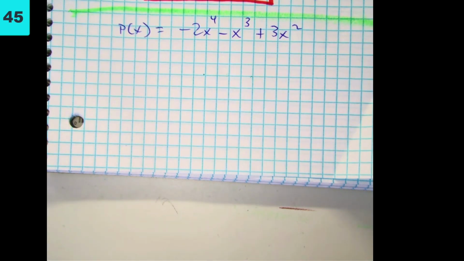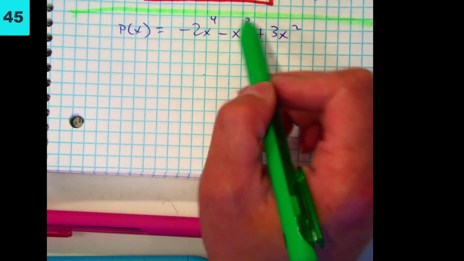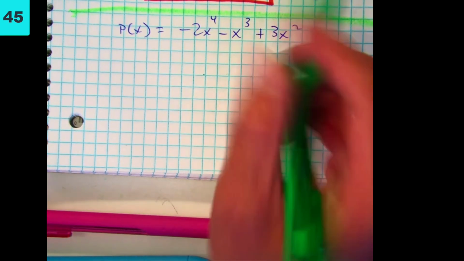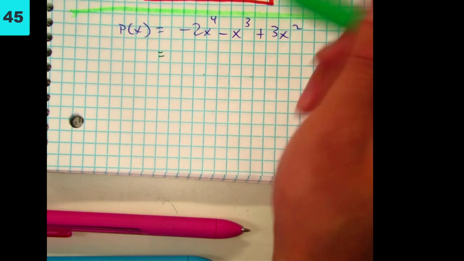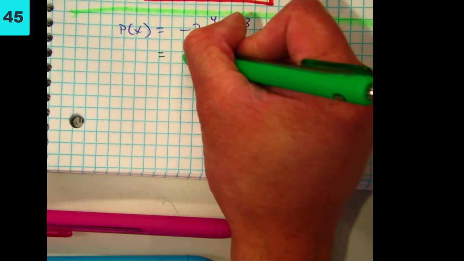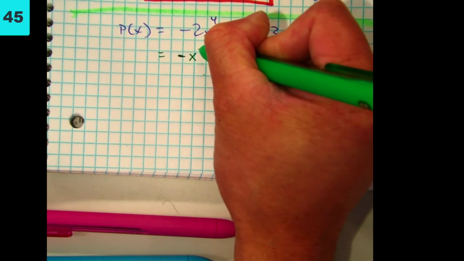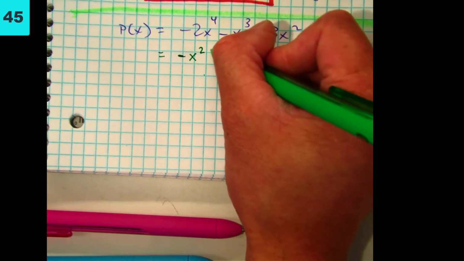Alright, if I look at this problem here, I realize I have something to the 4th power, and half of 4 is 2, and that's not 2, so I should be thinking to myself about a greatest common factor. And when I take a greatest common factor, negative x squared. I'm going to do a negative x squared. Raise your hand if you got that. Let me show you why you should have done a negative x squared.